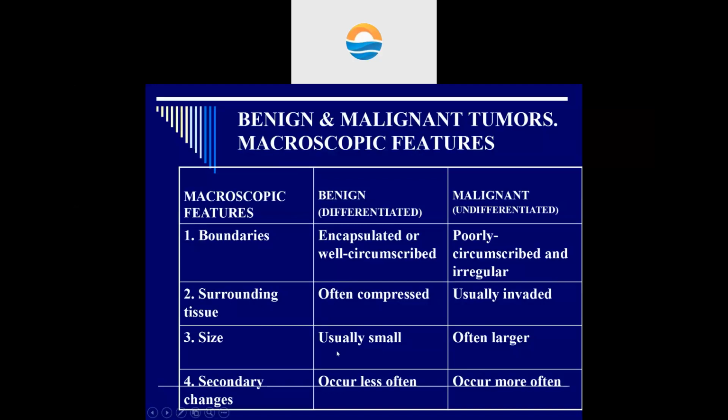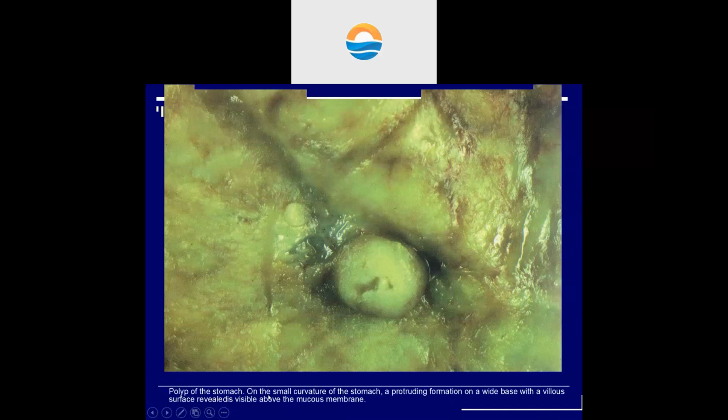The size of a benign tumor is usually small, malignant often larger. Secondary changes occur less often in benign, and in case of malignant tumors, they occur more often. What are secondary changes? Secondary changes are hemorrhages, necrosis, and inflammation of the tumor tissue and tissues next to them.